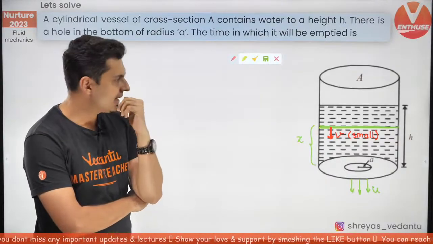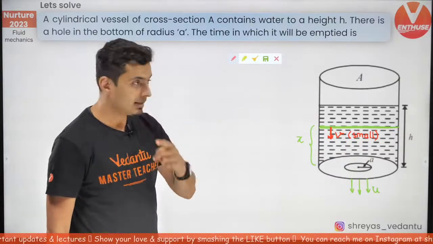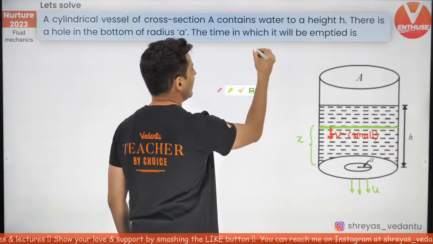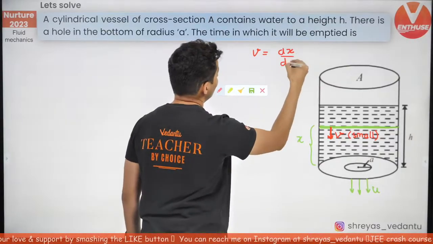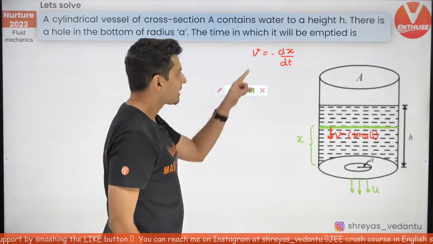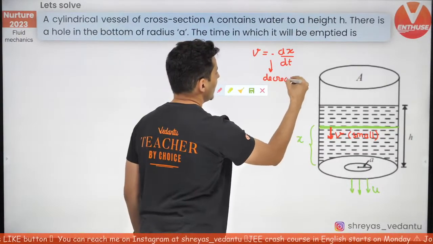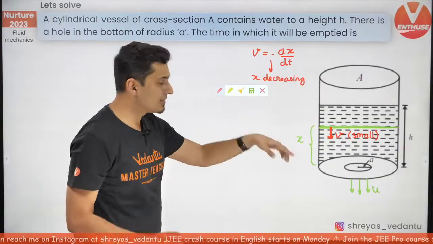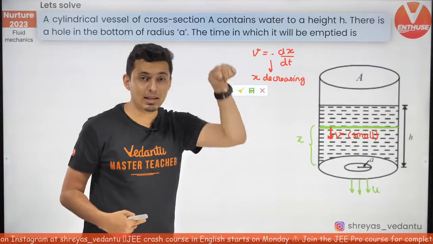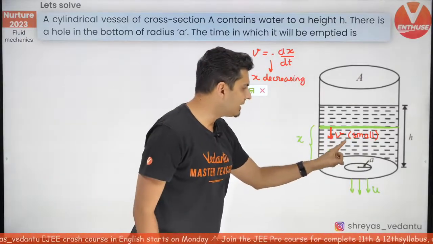Now, let's see if I can somehow write this velocity in terms of x. I think I can, because the velocity with which the surface comes down will be dx by dt, but with a negative sign. Why negative? Because x is decreasing. Remember, x is decreasing, so minus dx by dt will be the velocity v. How can I relate v and u?